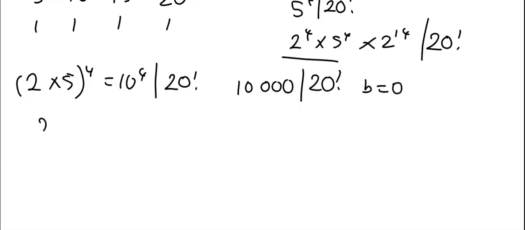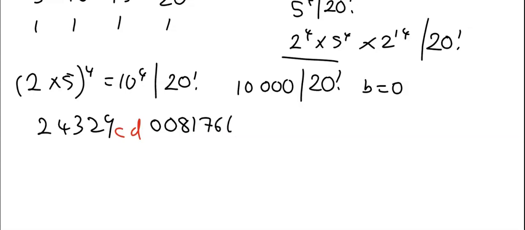So we now consider our number 243, 2, 9, C, D, 00817, 6, 6, A, and the others are zeros.